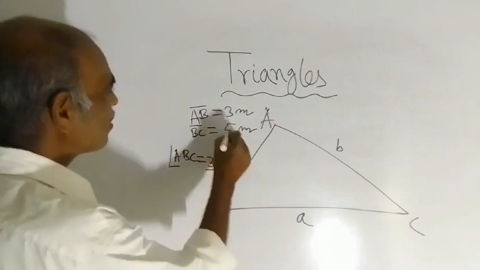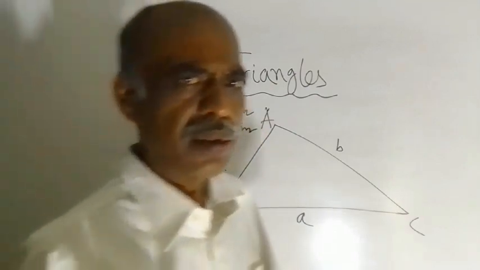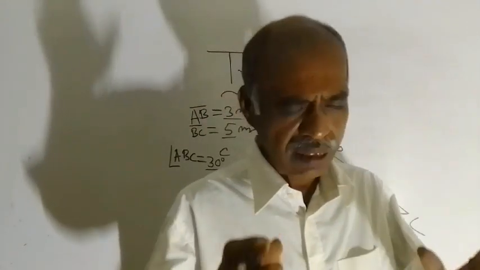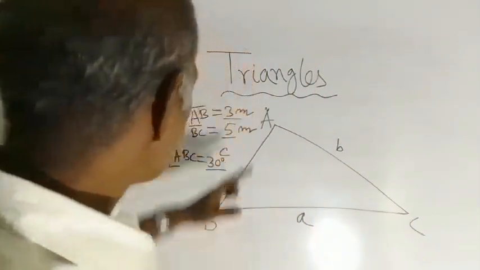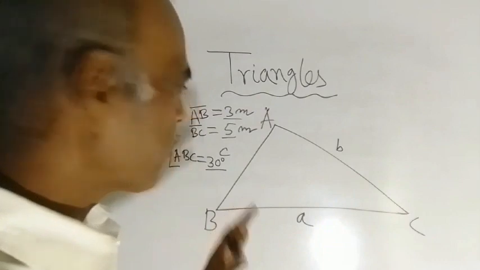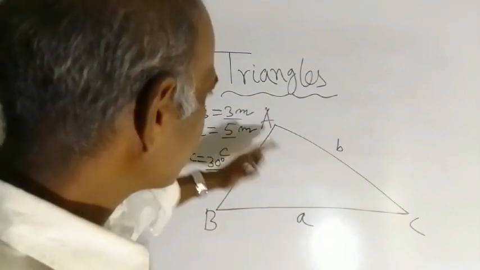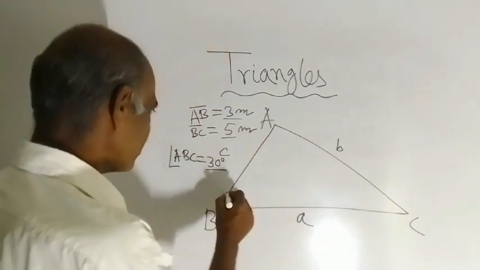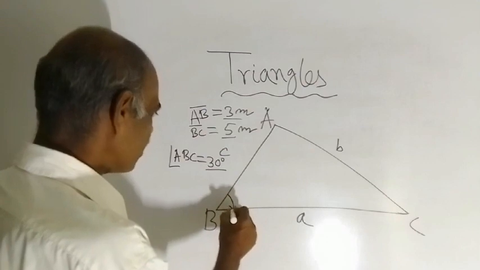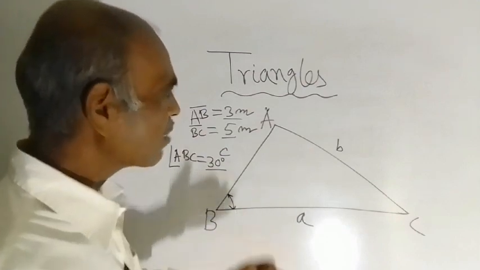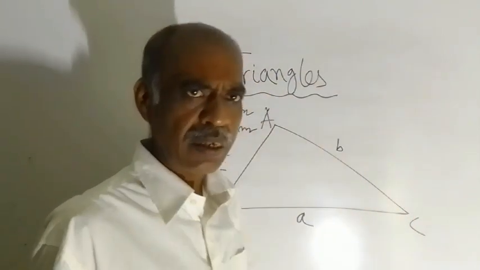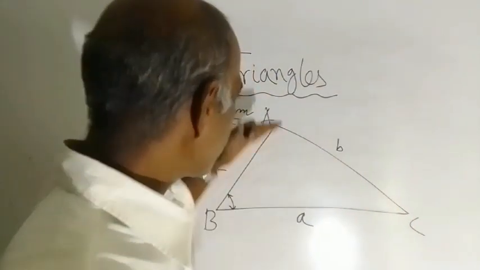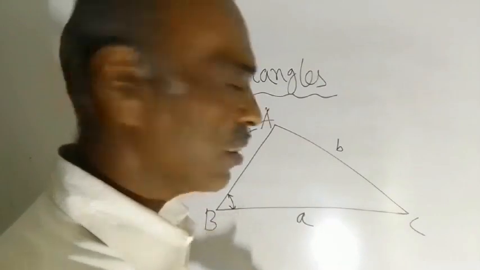These are just arbitrary values. I just want to teach you the way I am going to solve this problem. These are the things which are mentioned, this side length and this angle. And now you are asked to find the length of the perpendicular from A on BC.